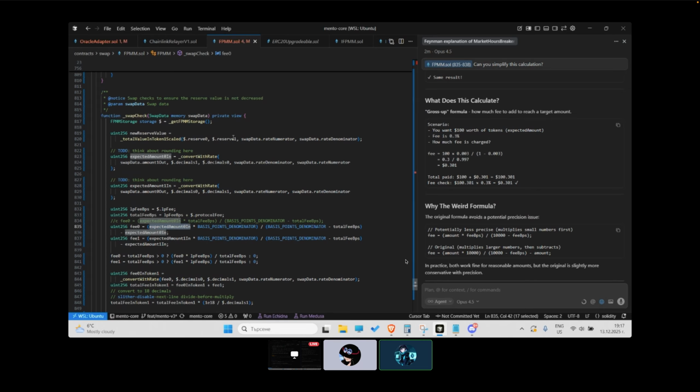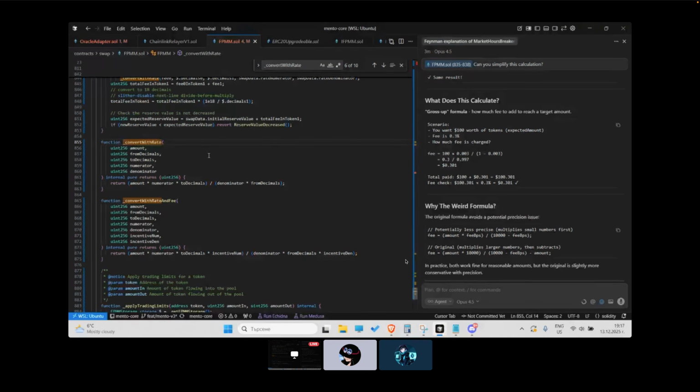I think because this is the amount in. Usually the fee is a percentage of the amount in. They come from this function. Yeah, I mean this looks like it's switched.